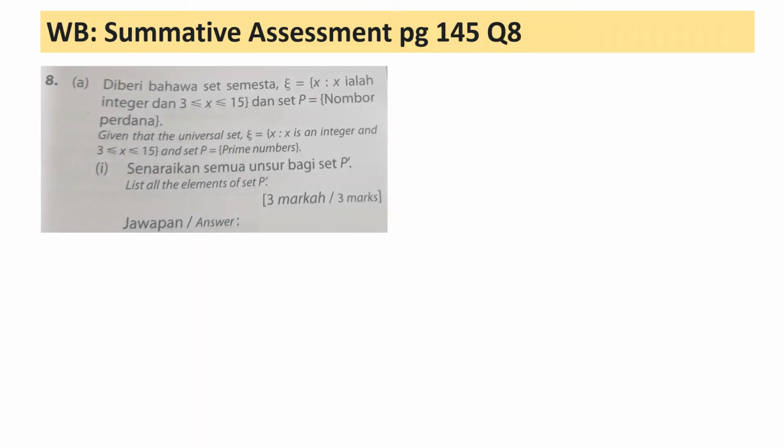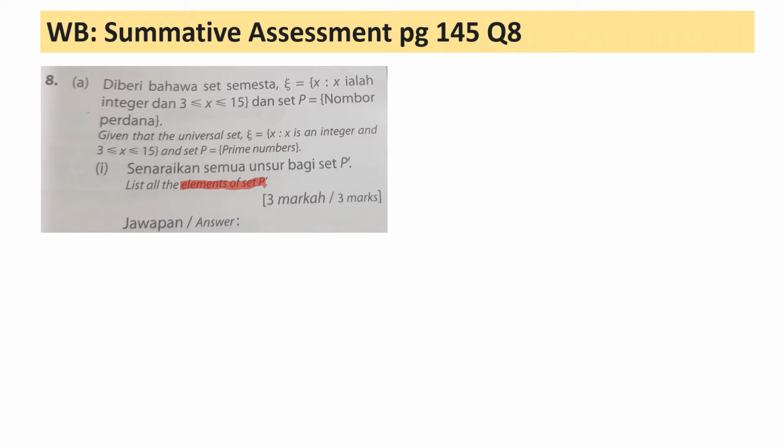Okay, so let's see the first question. The question asks you to list all elements of P. So what you're going to do is you need to list the universal set first.